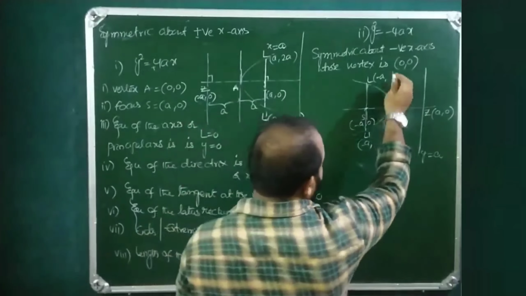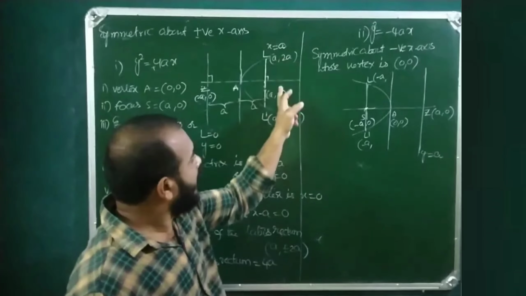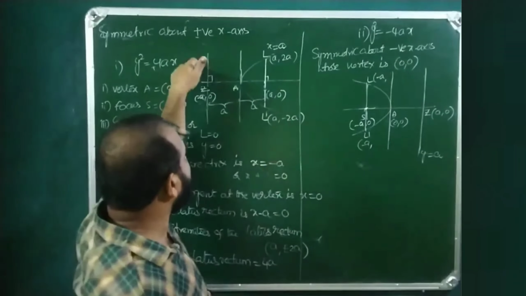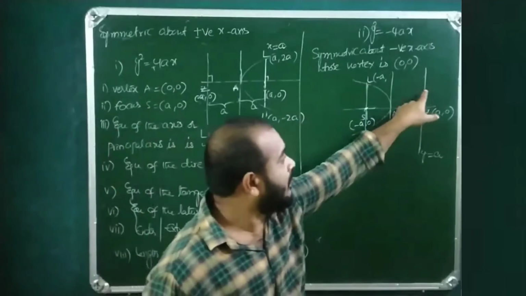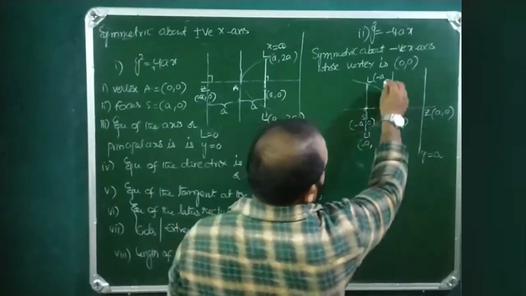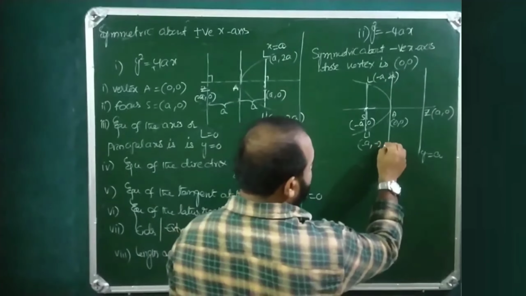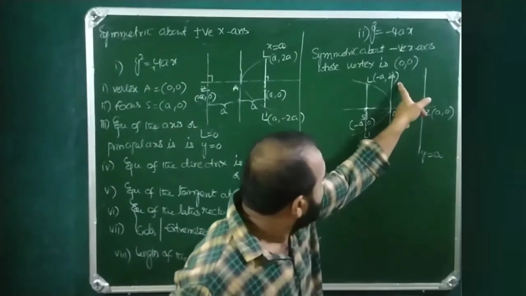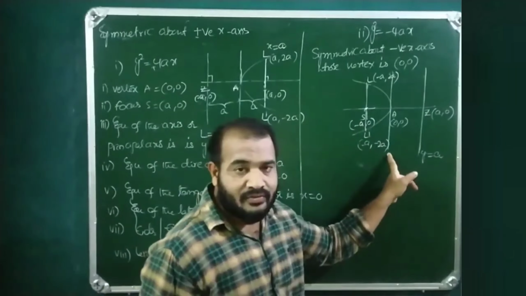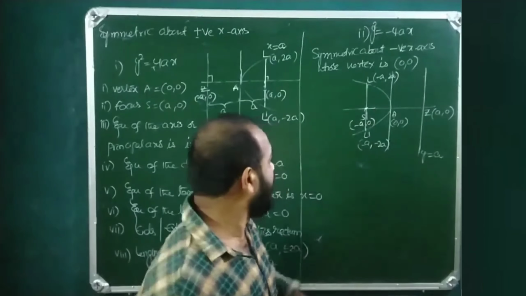But this is plus plus, first quadrant, plus minus. Here it lies in the second and third quadrants. Plus plus, minus plus. This is minus 2a, minus minus, minus 2a. So, minus a comma 2a, minus a comma minus 2a. That means minus a comma plus or minus 2a are the ends of the latus rectum.